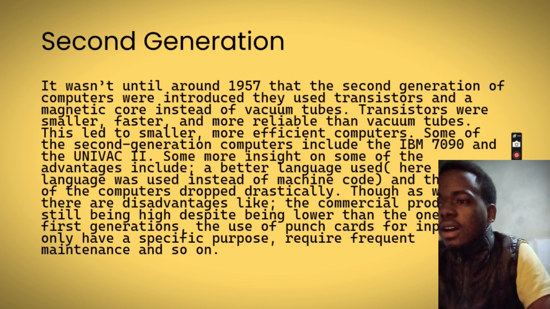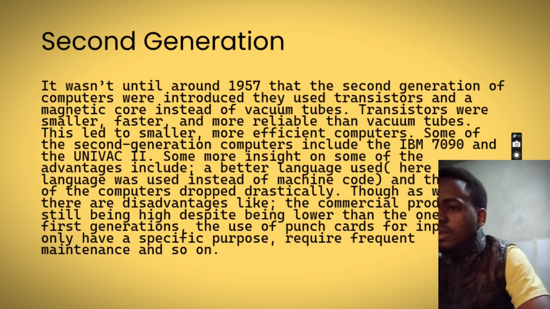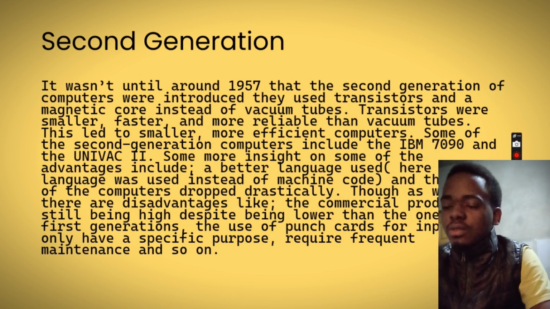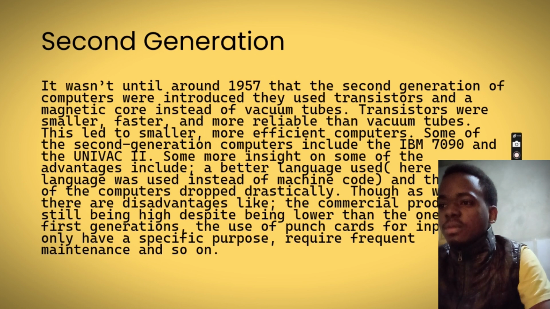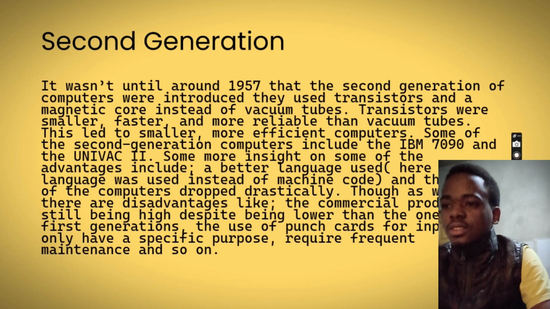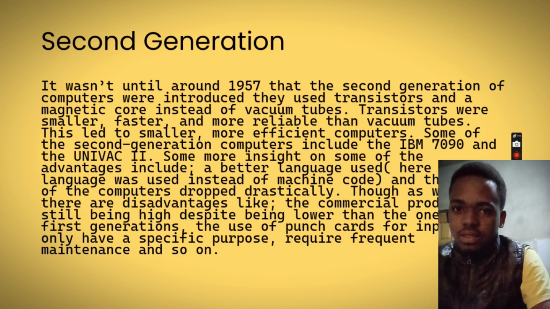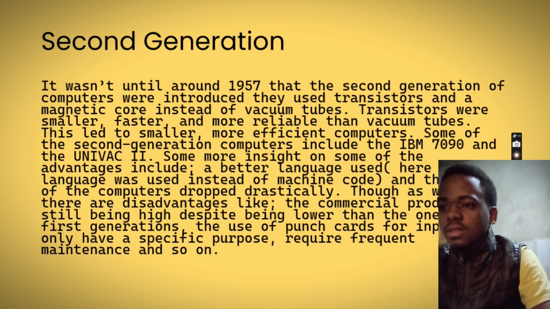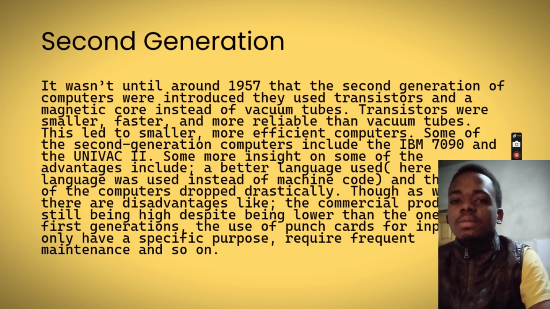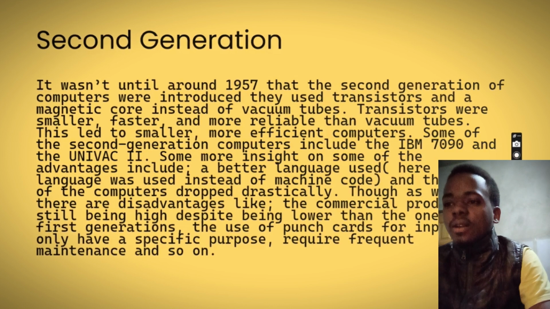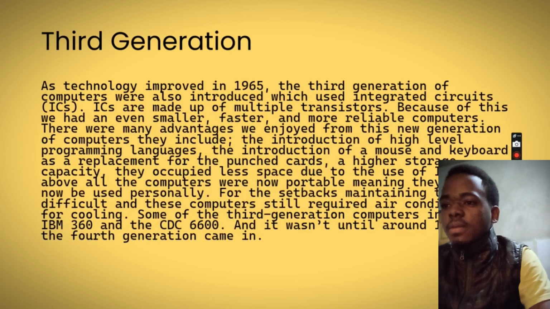More of the advantages of transistors include better language use, obviously. Here we're using assembly language, which was used instead of machine code, and this drastically reduced the cost of the computers, since it was much higher to produce vacuum tubes for commercial purposes.